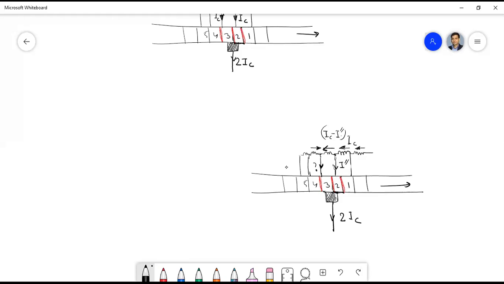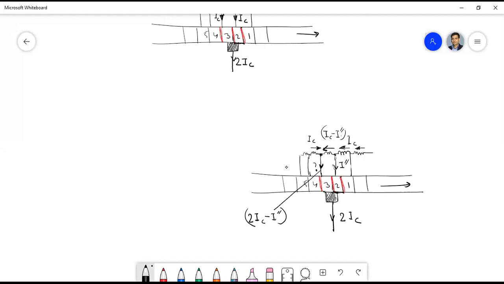It's very easy. 2IC minus I double prime. This current will be 2IC, you just apply the KCL here at this point. So 2IC minus I double prime current will flow in that path.